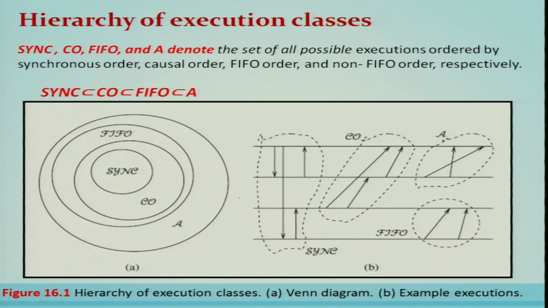These kinds of ordering, that is, non-FIFO order, FIFO order, causal and synchronous order, follow a hierarchy in the execution class, which is shown here in the figure at A. In this figure you can see this kind of relation holds, where the causal order is a proper subset of FIFO, and synchronous is a proper subset of the causal order, and A means non-FIFO, A means asynchronous.